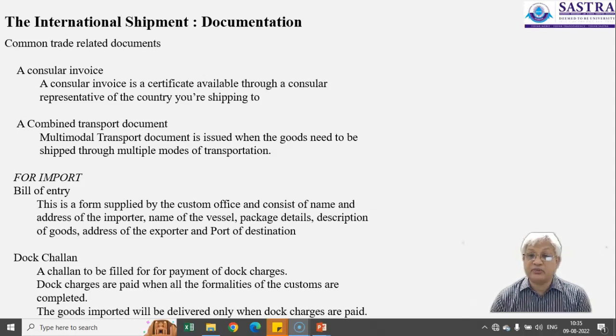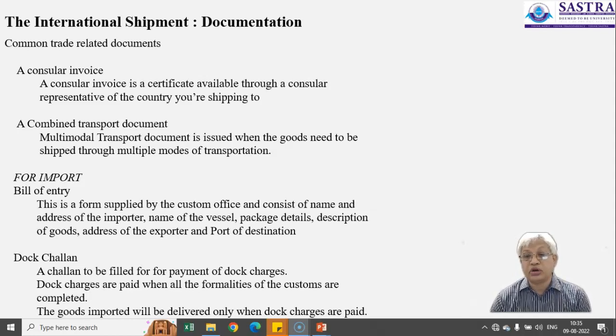The goods sail from one seaport and reach the other seaport. Then the goods will be unloaded and sent through rail to the particular railway station, and from there a series of 10 to 20 trucks will be lined up and then taken further by road, and we normally call this multimodal transport.